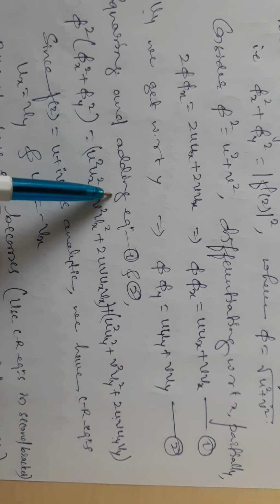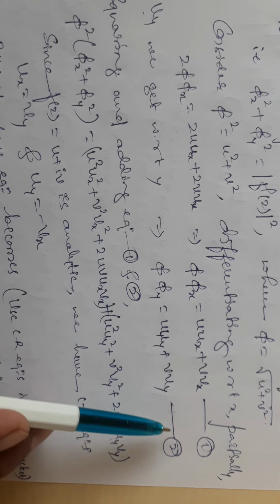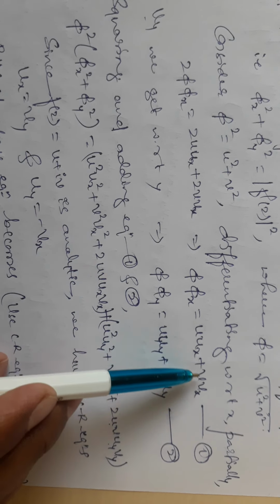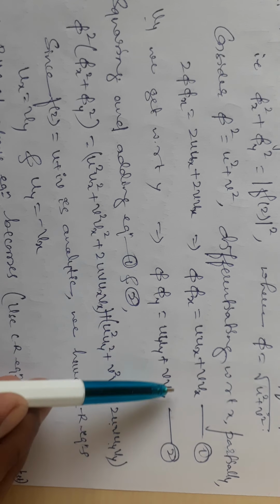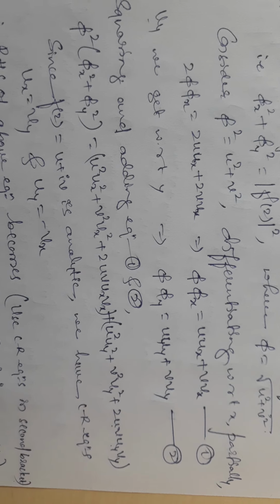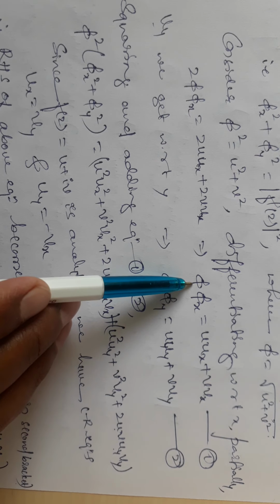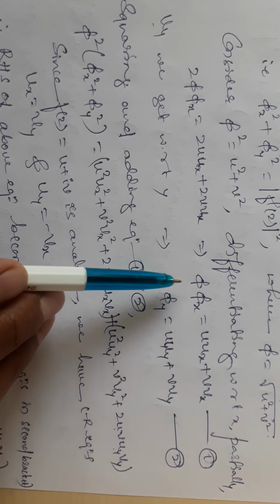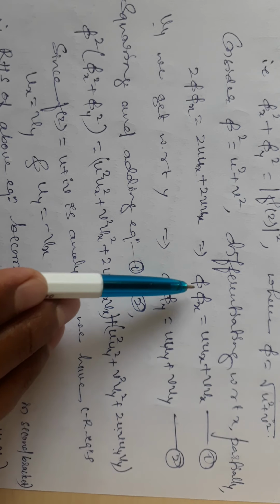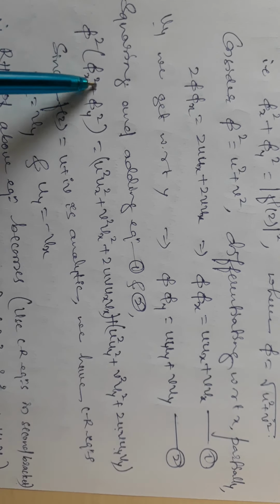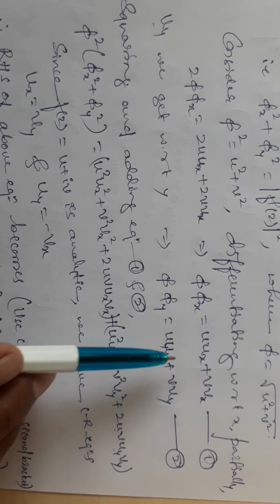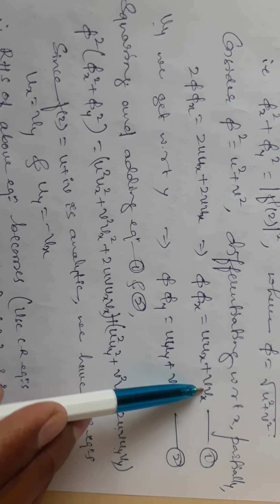Now, squaring and adding equation number 1 and 2 means, first we square equation number 1 and square equation number 2, then we add 1 and 2. Therefore, squaring LHS, phi square phi x square plus phi square phi y square. Here phi square is common, I can take outside phi square, phi x square plus phi y square. Now, RHS is a plus b whole square.